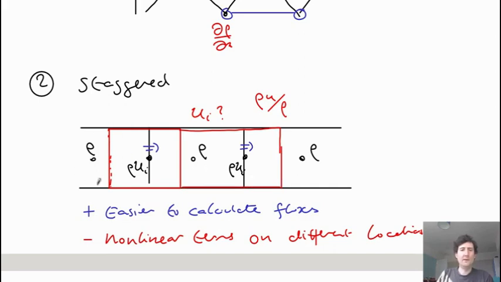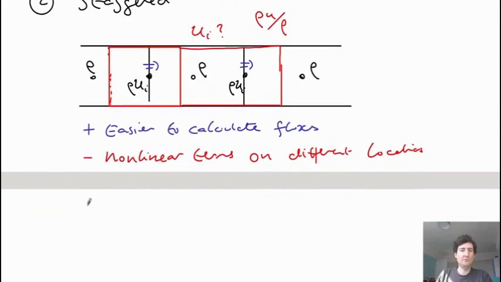One in red is where momentum is being evolved, and one in black is where the density is being evolved. And so you end up with two sets of grids.